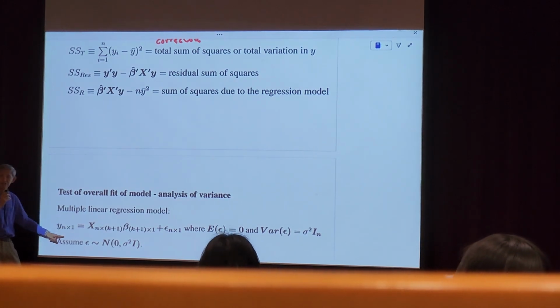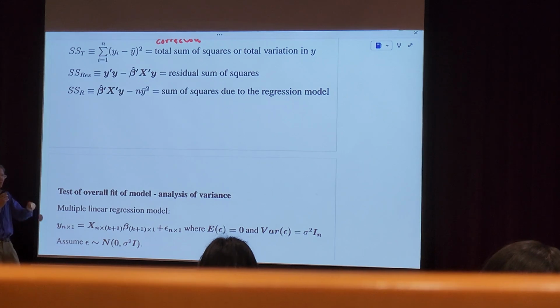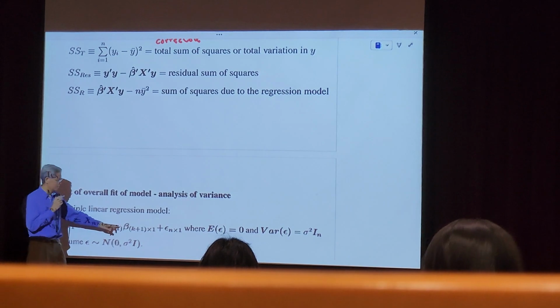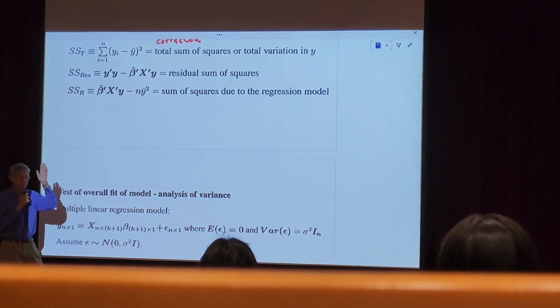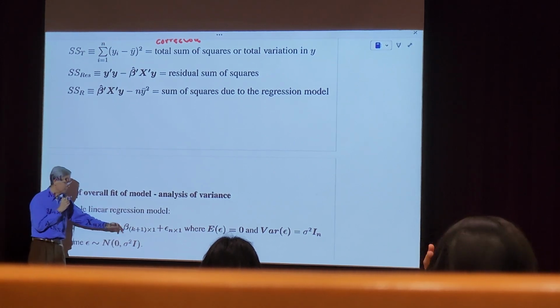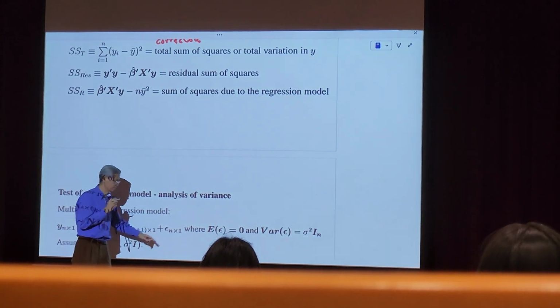Here is your vector of observed responses. This is your vector of regressors, and here's the error vector.